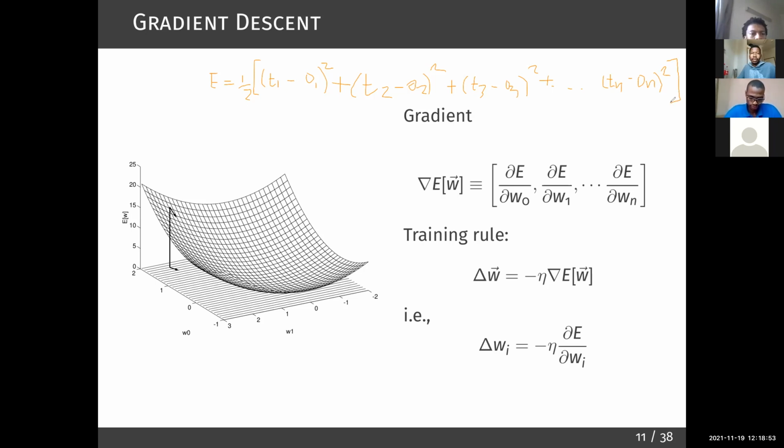Now how do you take the derivative of this? We say, with respect to W, but where is the W here?